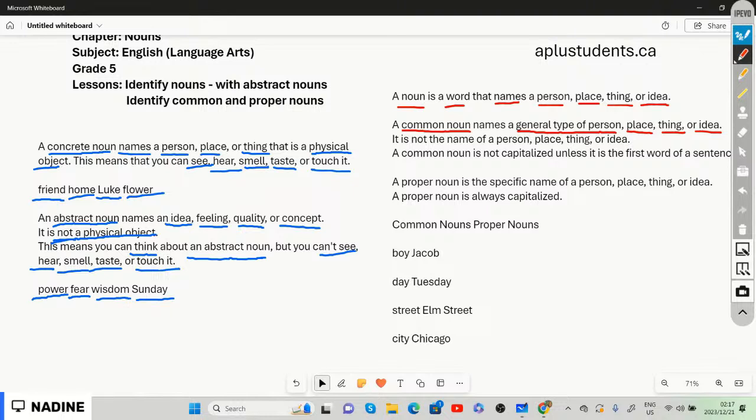We're not talking about a specific person. It can be any person, any place, any idea, or anything, right?